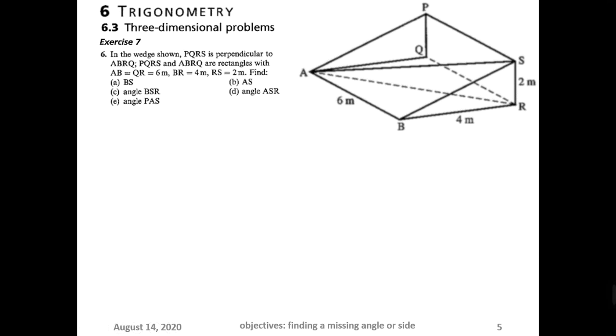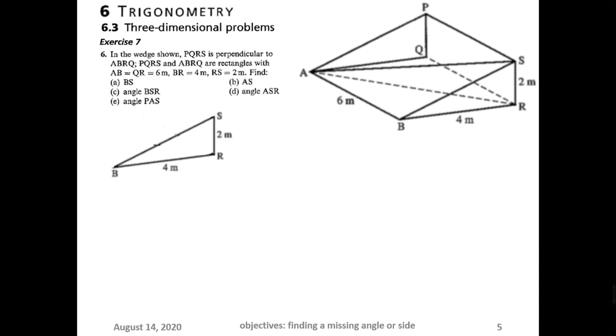And in the first part of the question, they're asking for the length of BS. I'm trying to point here with my cursor. BS. Now, let's start by drawing a little sketch of the side, which is a triangle BSR, which is as following.